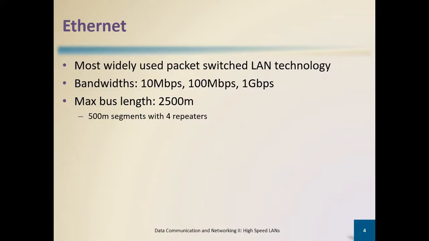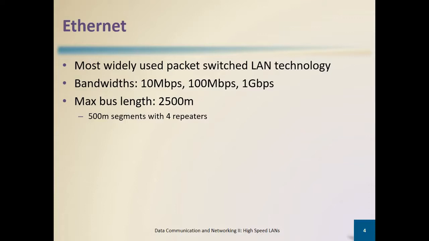And as we also mentioned earlier on, the maximum bus length on Ethernet was 2,500 meters. That's the maximum you can go before the signal itself loses its strength. And within that 2,500, there are segments of 500 meters, which can be repeated 4 times.